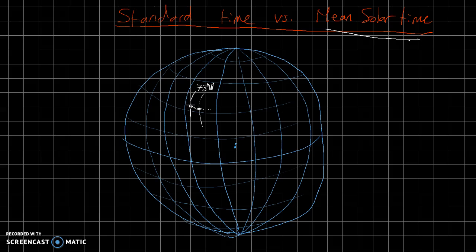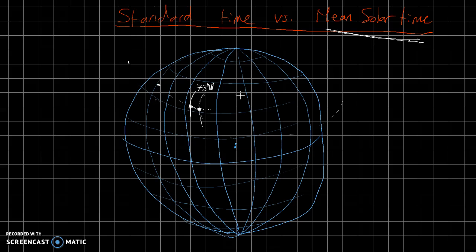So if right now the sun is transiting in Montreal, then the sun has already transited past a point to the east of Montreal. That's because the sun goes from east to west as the Earth rotates. And similarly, places located further west will have an earlier mean solar time at the same time as we do in Montreal. So for example, right now, if the sun is transiting, it is still morning in Vancouver. The sun has not yet reached the transiting point in Vancouver.